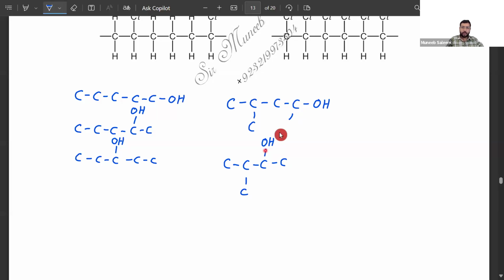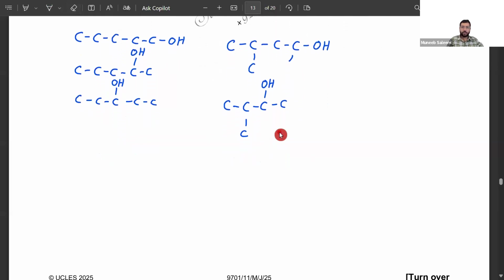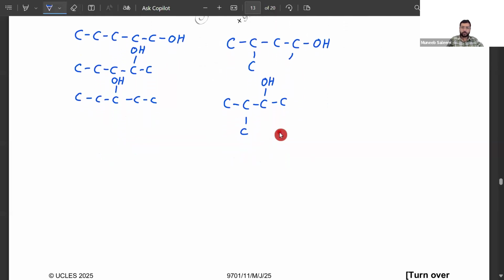And then another isomer of a similar carbon backbone. This time I have this position to place OH. This is another isomer.